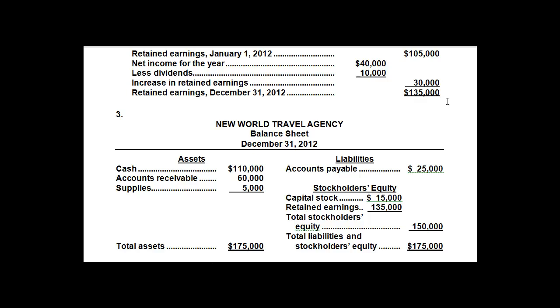The retained earnings amount that we calculated there is plugged into this balance sheet right here. So the total of $135,000 of retained earnings and $15,000 gives us our total equity of $150,000. And remember, it's important to be able to differentiate between what part of equity is for stock and what part is for retained earnings. We add that $150,000 to the $25,000 total liabilities, and we're looking at $175,000. So that's how we stayed in balance.